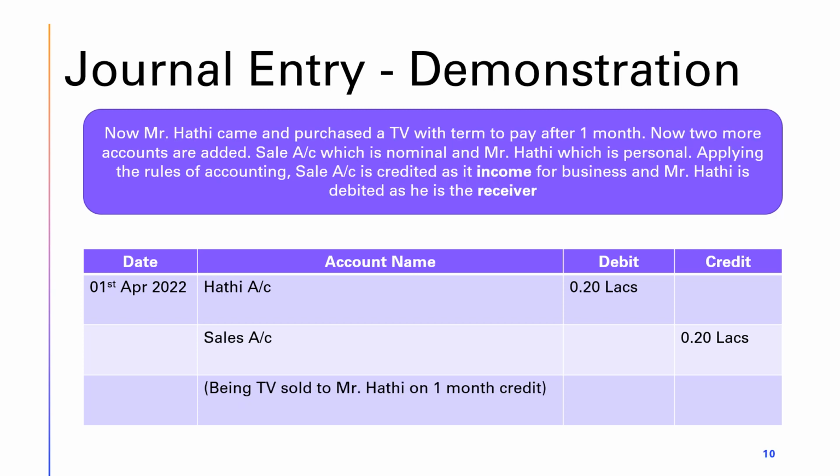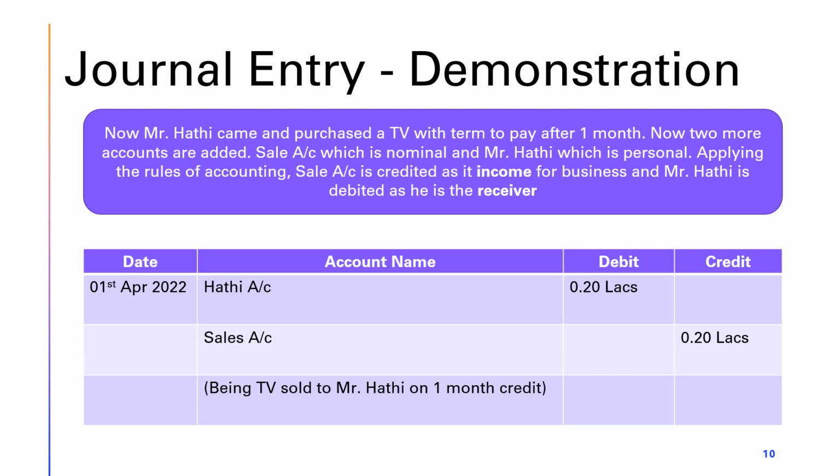After that, one TV was sold to Mr. Hathi for rupees 0.20 lakhs, that means 20,000. Here, in order to record this transaction, two new accounts need to be opened. First is sale account, which is nominal account, since this account doesn't exist physically and only purpose is to record income in profit and loss account.